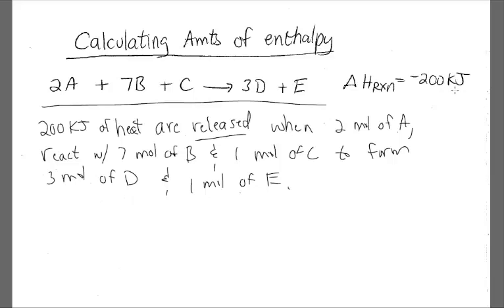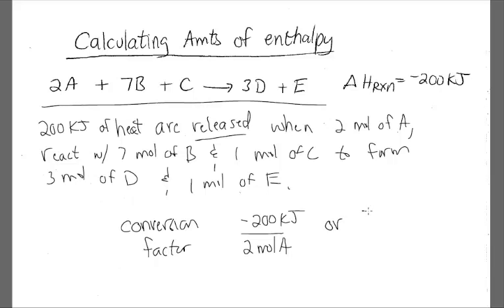But you're often going to want to calculate how much heat was released, or in other cases absorbed, by a different amount. So you have to use this as a conversion factor. Okay, so what we can say is that negative 200 kilojoules per 2 moles of A. Or we can use any other substance we want to, or negative 200 kilojoules per 3 moles of D produced.